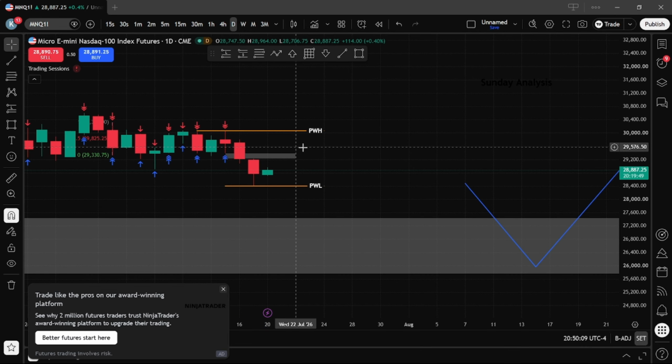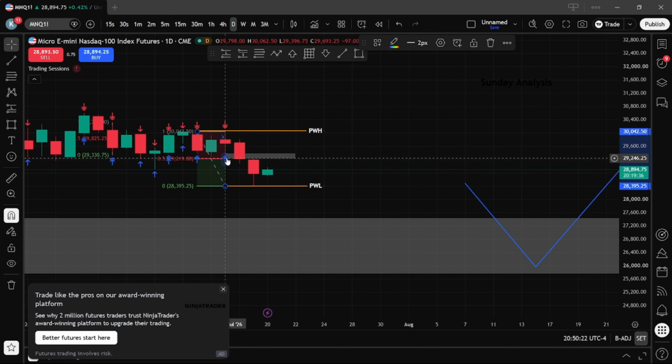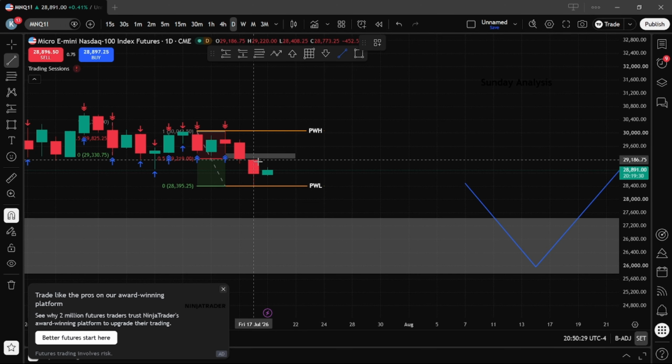So after marking out the previous week high and previous week low, it kind of gives a range. Now, honestly, what you can do is from here to here, we can create a, let me see.